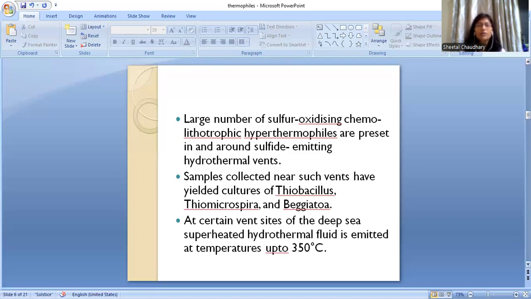A large number of sulfur oxidizing chemolithotrophic hyperthermophiles are present around sulfide emitting hydrothermal vents.